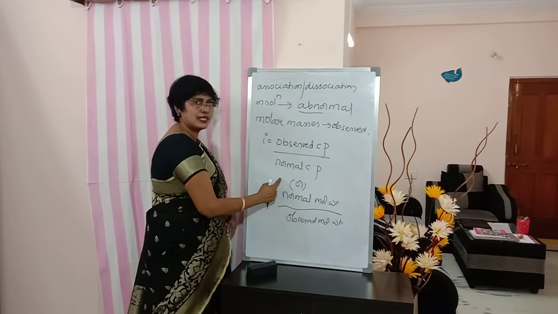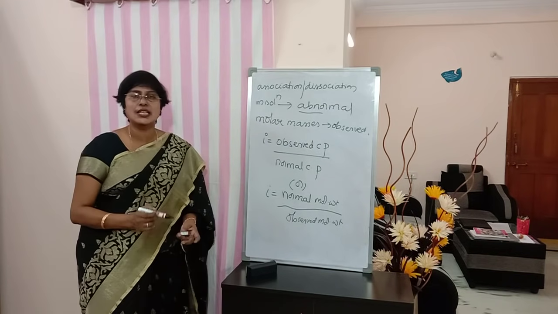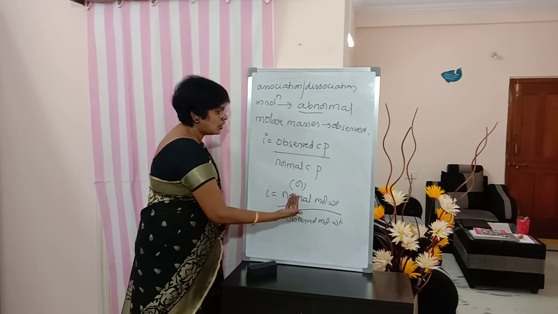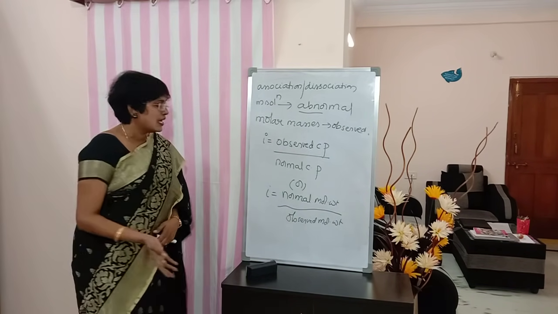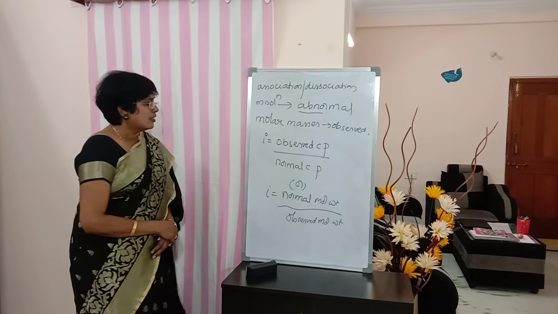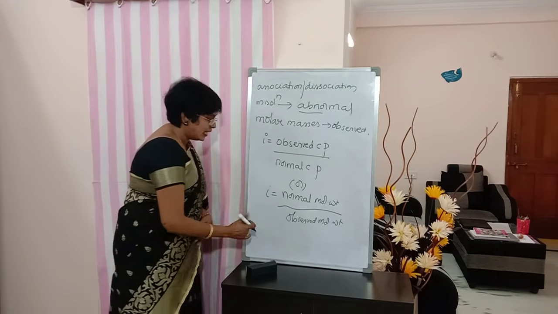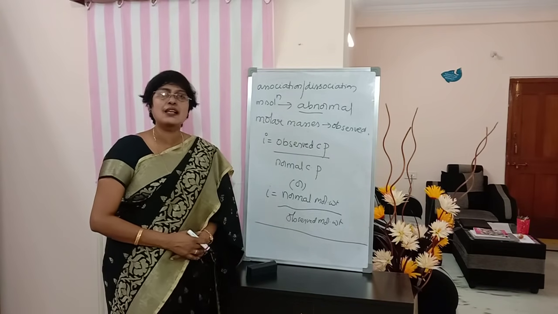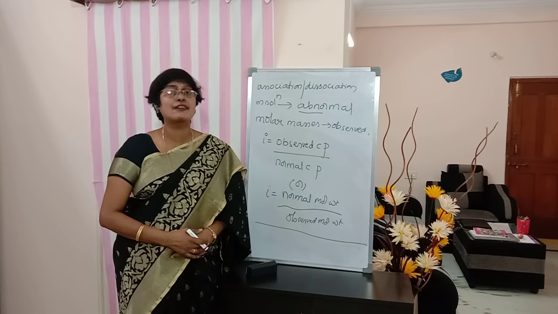Observed CP by normal CP, or normal molecular weight by observed molecular weight. If it were directly proportional, we would write i is equal to observed molecular weight by normal molecular weight. But it is inversely proportional, and hence in terms of molecular weight, i is the ratio of normal molecular weight and observed molecular weight. Draw a line till here. This is the answer for abnormal colligative properties, that is the Van 't Hoff factor.